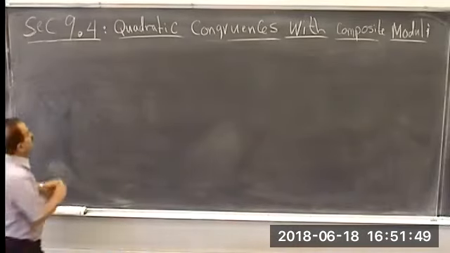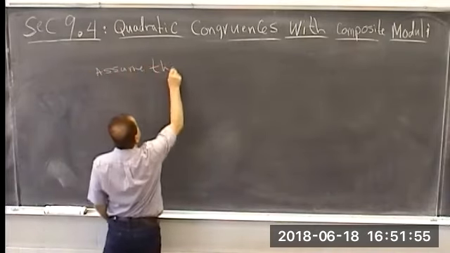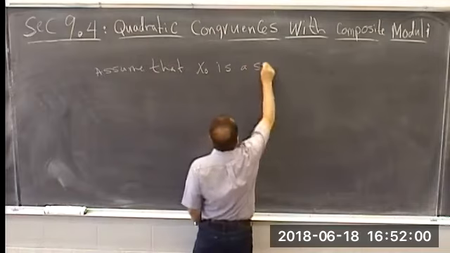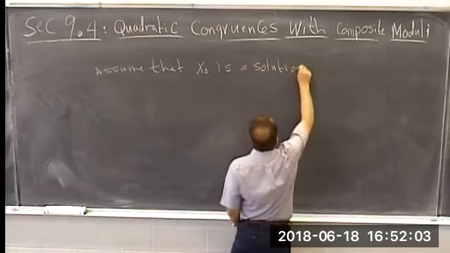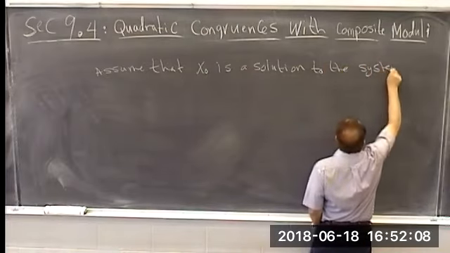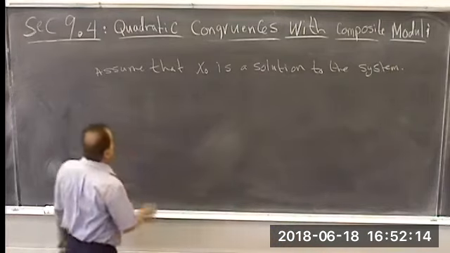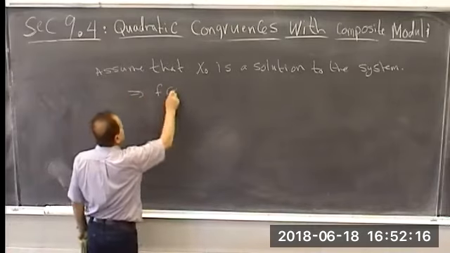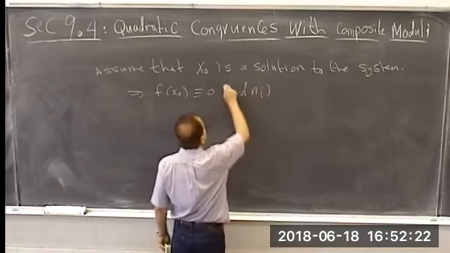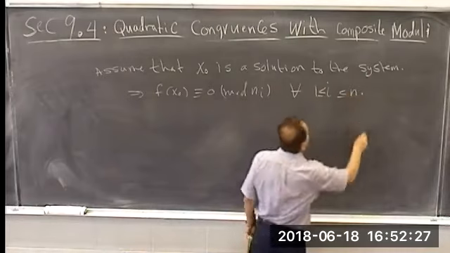Now let's assume that x sub 0 is a solution to the system. So this implies that f of x sub 0 is congruent to 0 mod n sub i, for every i between 1 and k.